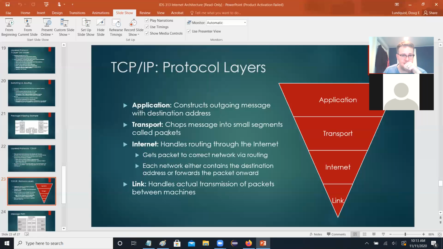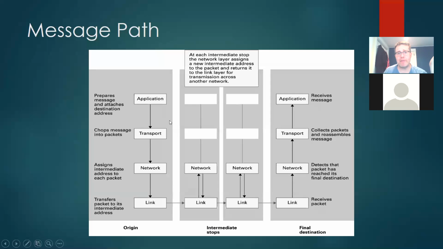So again, the message path is basically the same, right? It goes through these steps: application, transport. Here they say network instead of internet, but same thing. Goes through the link layer. At the intermediate stops, each device that receives a packet looks at the packet and says, am I the intended recipient for this packet?